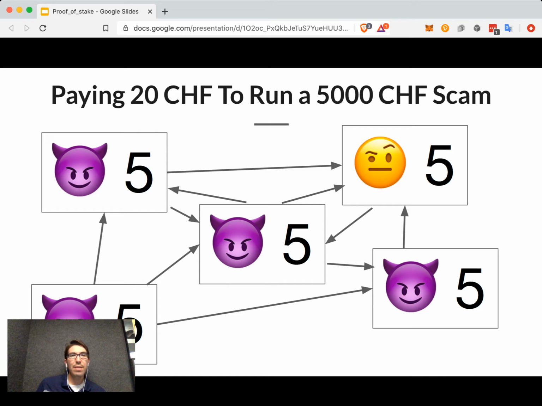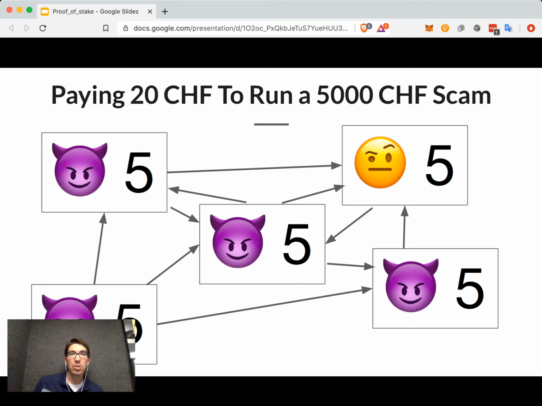So if we're going to trust a network that has perhaps 25 francs worth of economic security, and I want to run a 5,000 franc scam on somebody, well, it's worth my while to buy up 20 francs worth of block producing ability in order to run my 5,000 franc scam.